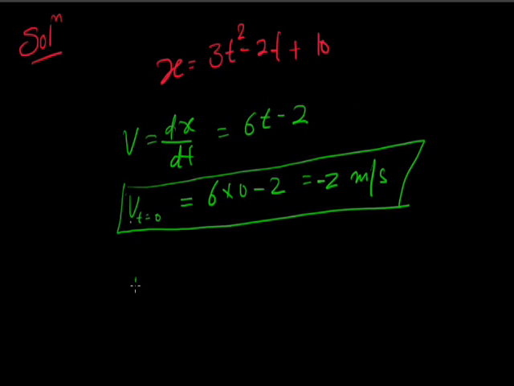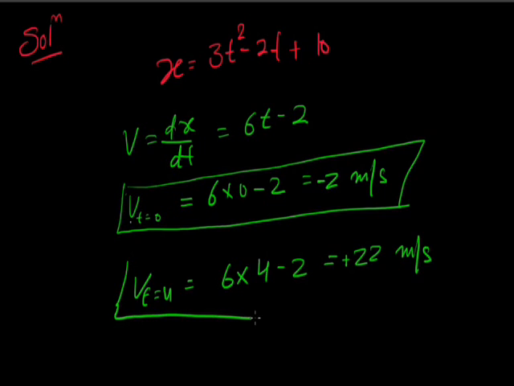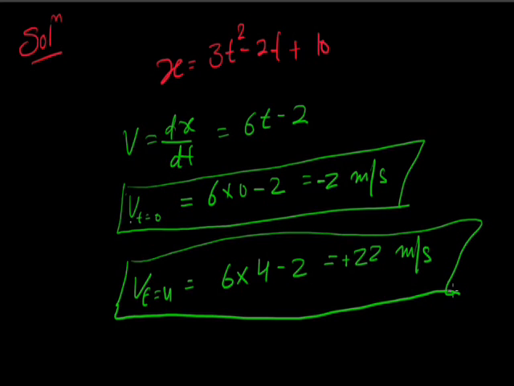At t equal to 4, it is 6 into 4 minus 2, that is 22 meter per second. It is positive. It means the direction of velocity is different at t equal to 0 and t equal to 4 seconds. It means at some point its velocity becomes 0.